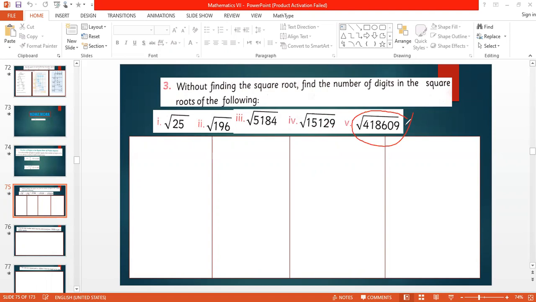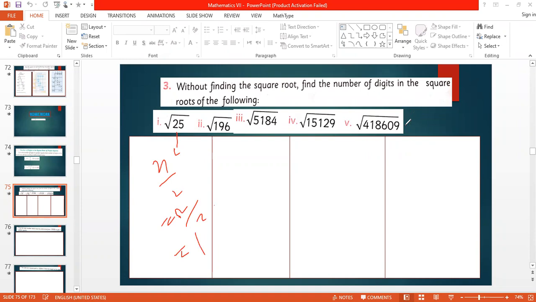Sir, this is even: 1, 2, 3, 4, 5, 6. Yes, even. So we use the n by 2 formula, 6 by 2, that is 3. When we find the square root, that will be the answer. For the other one, n by 2, so 2 by 2, 1.